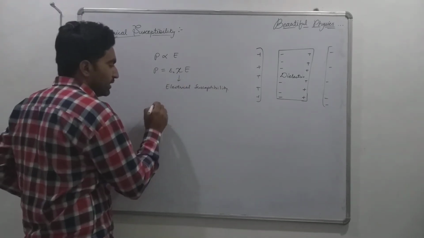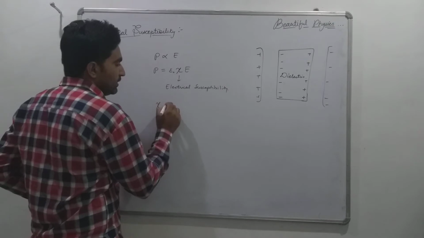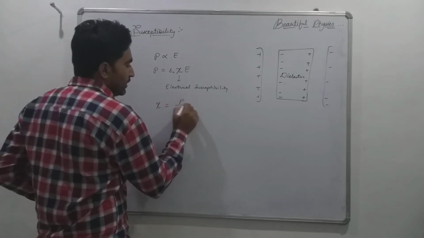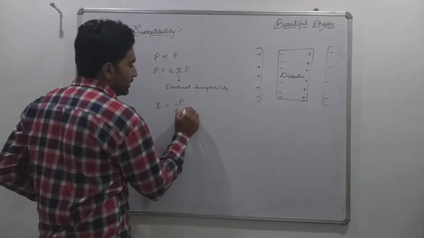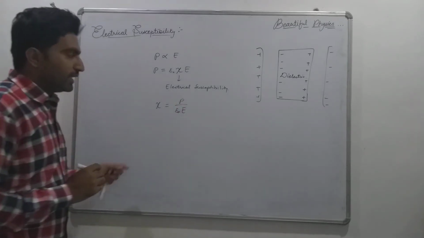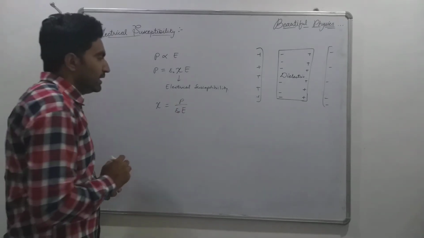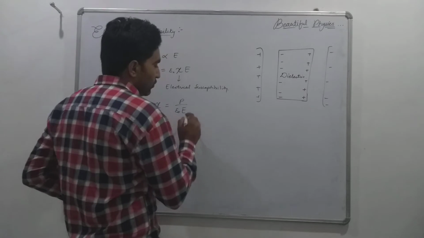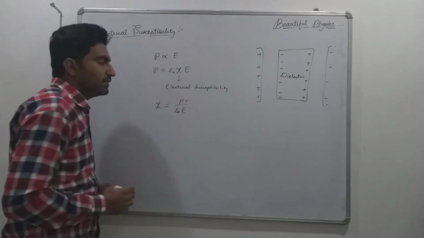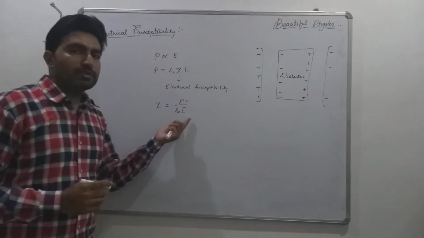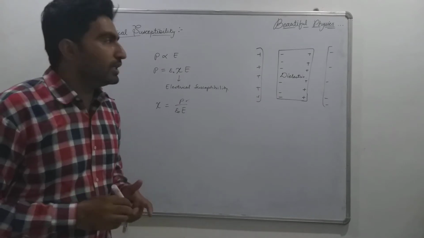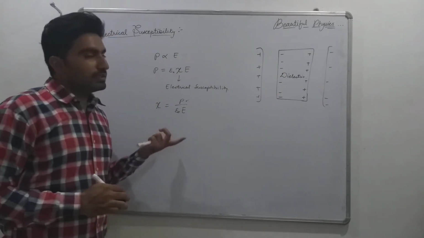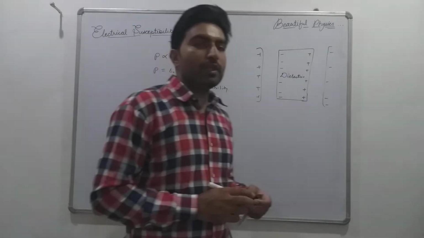So from there we can write chi is equal to P divided by epsilon naught times the electric field. We can define electrical susceptibility as the ratio of the polarization to epsilon naught times the applied electric field. So this is the electrical susceptibility of the dielectric.